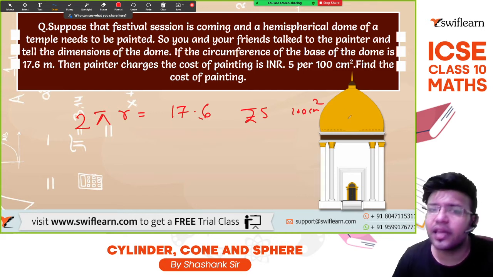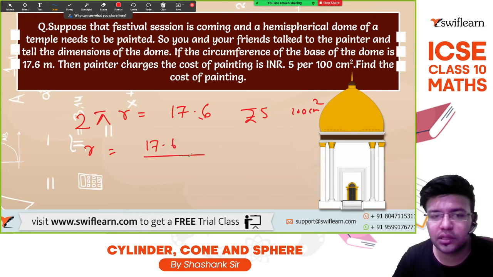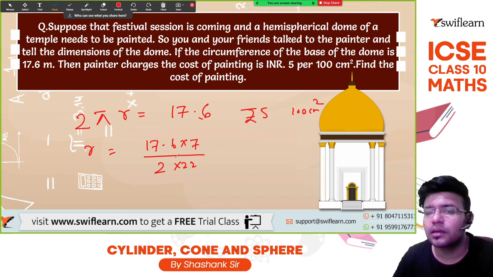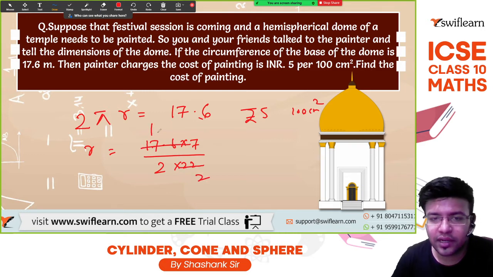Find the surface area. What is r? r is equal to 17.6 divided by 2 pi. Pi is 22 by 7. 11 twos are 22, 11 ones are 11.